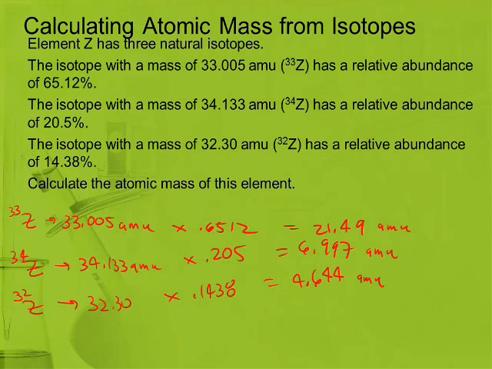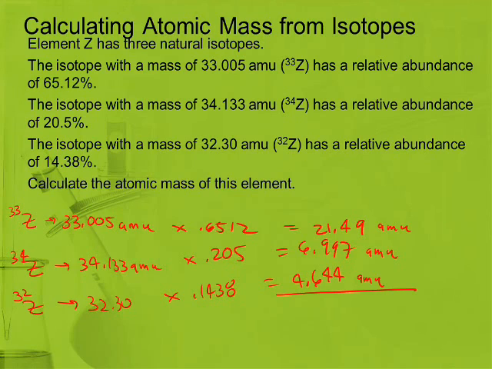So we write this all out. The atomic mass units multiplied by the abundance equals 21.49 in this case. 34.133 times 0.205, we get this amount. And then we multiply this atomic mass times the abundance, and we get this.